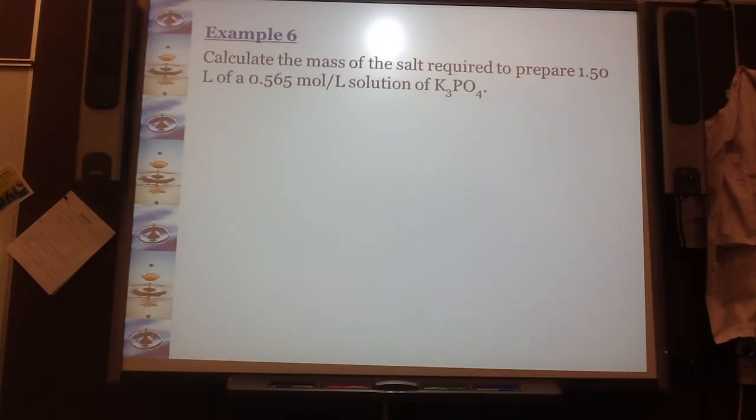So you know your concentration, 0.565. Your volume is 1.5 liters. Now, you find your molar mass by going 3 times your potassium plus 1 phosphorus and 4 oxygen.